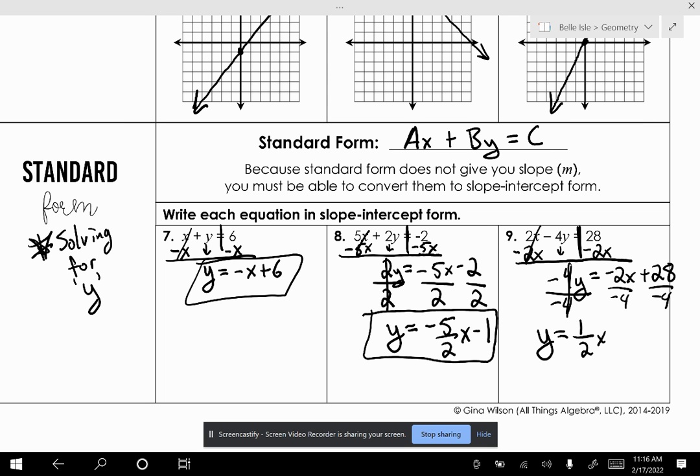The slope is the coefficient of x, so the x isn't on top or bottom. It's just the variable. But if it's going to be anywhere, it's going to be in the numerator. It won't be in the denominator. I haven't finished it yet. Then we have 28 divided by -4, which will come out to be -7.